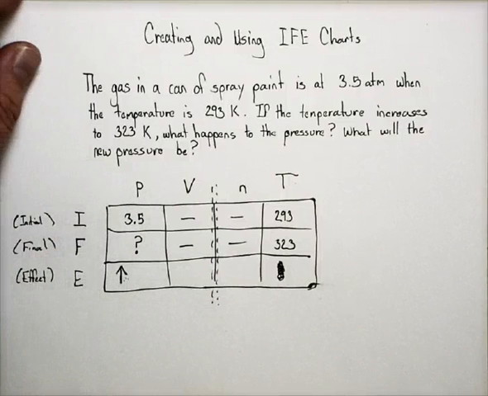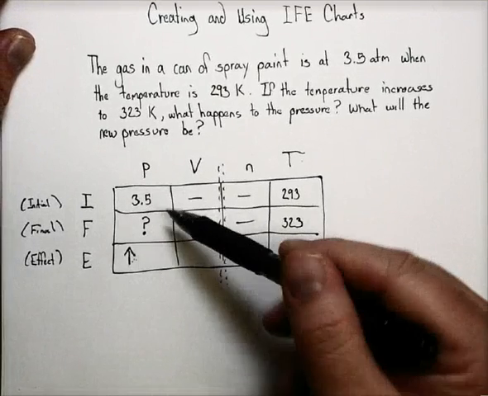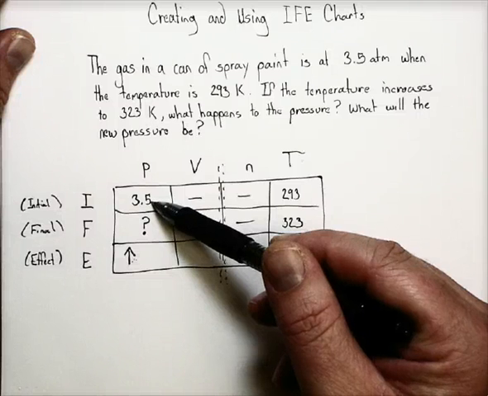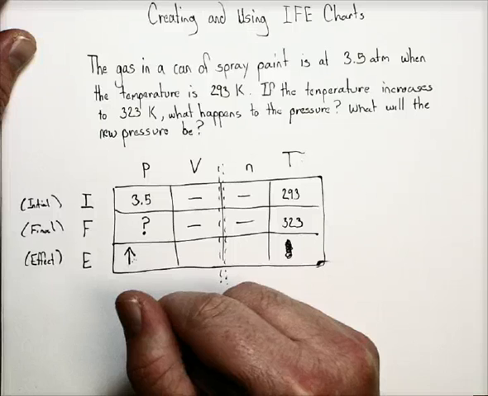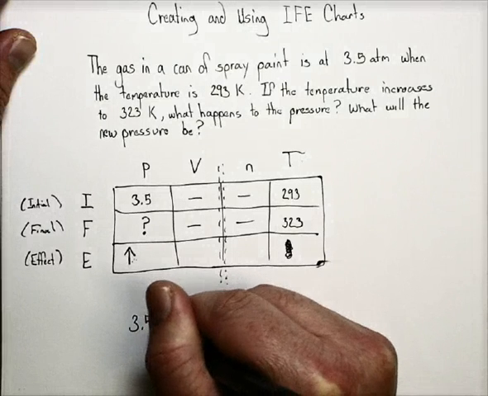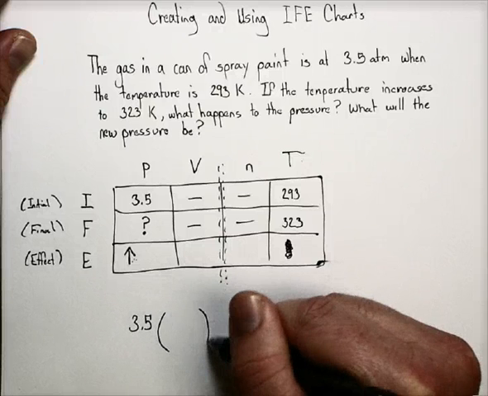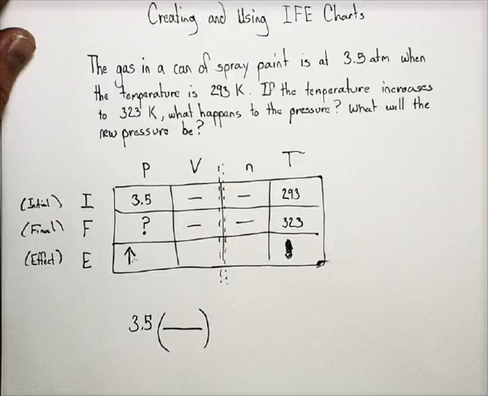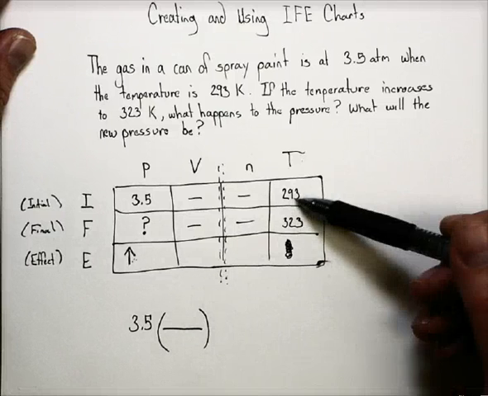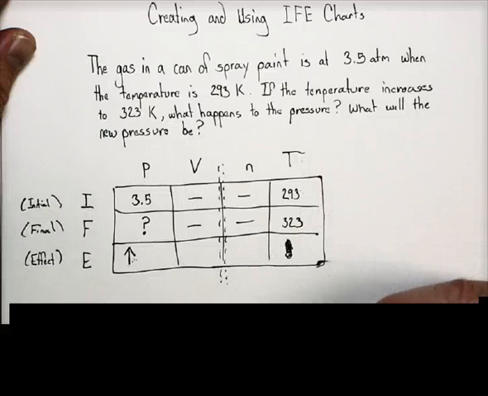Now let's talk about how to actually find that. What I'm going to do is take my initial value, where I'm wanting to find the final value, and I just write that down, 3.5. And then I'm going to do a conversion factor, just like I did when converting with pressure, only now I'm going to use the numbers from over here to put into this.